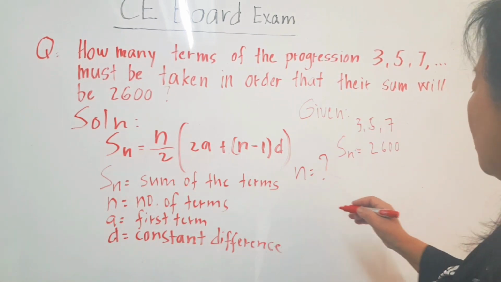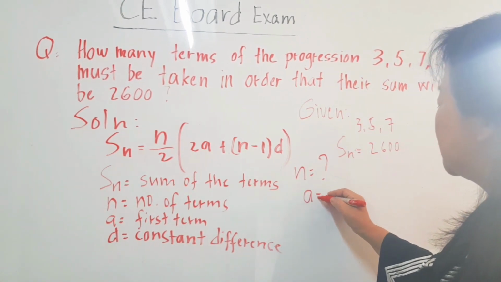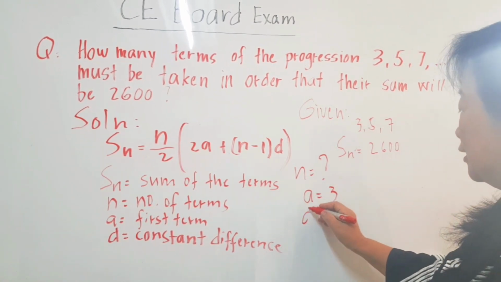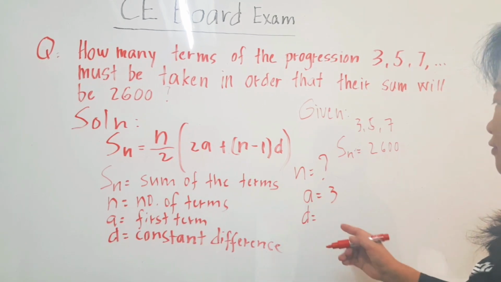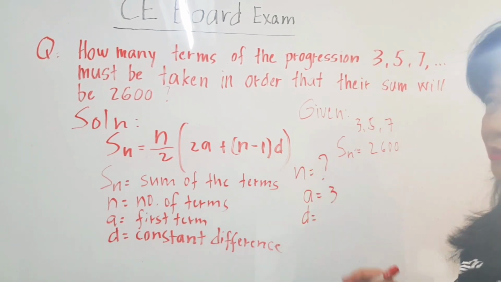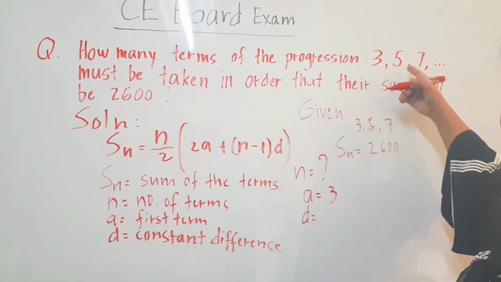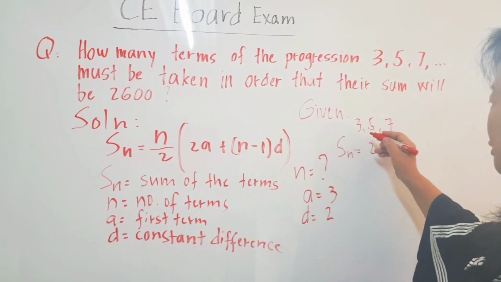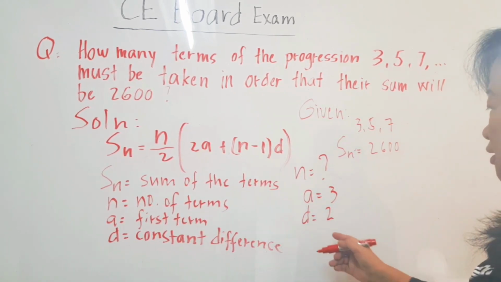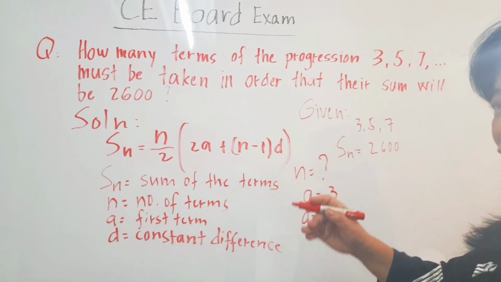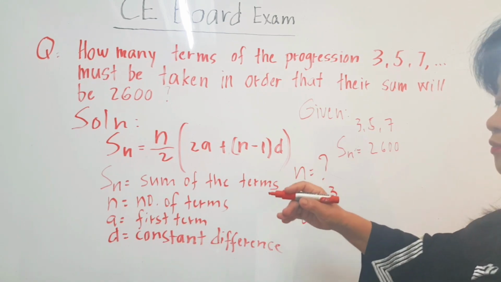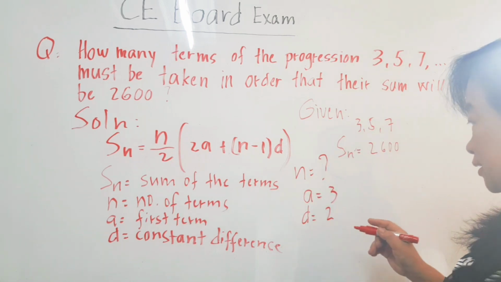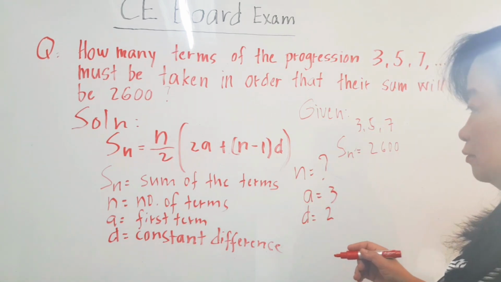Our first term is 3. The constant difference d, by inspection, is 2: 5 minus 3 is 2, 7 minus 5 is 2. While progressing, the consecutive terms 3, 5, 7, 9 have a constant difference of 2.